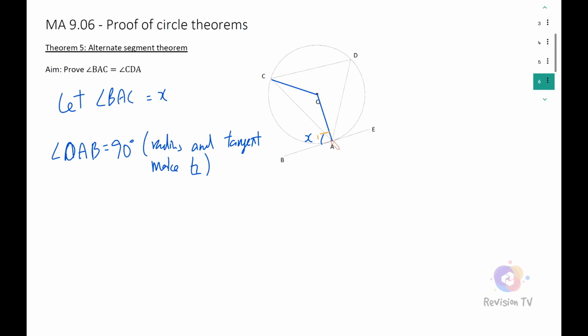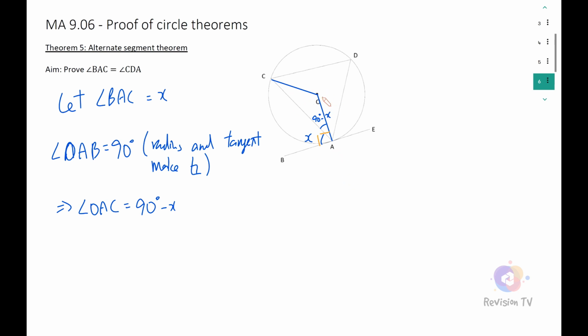So that's the right angle. Now if that's a right angle, what do we know about the angle OAC? This little gap angle will be 90 minus x. So therefore the angle OAC equals 90 degrees minus x. Right, then you've been here a few times already.